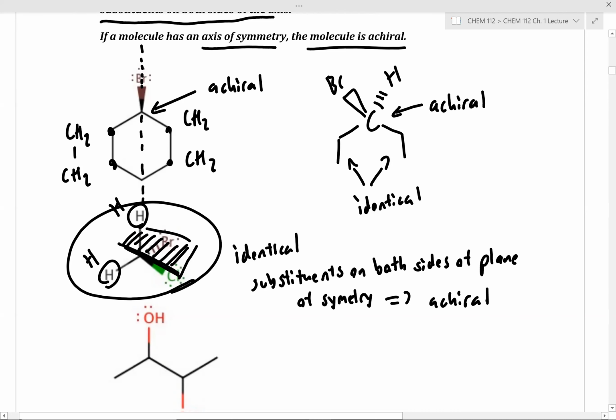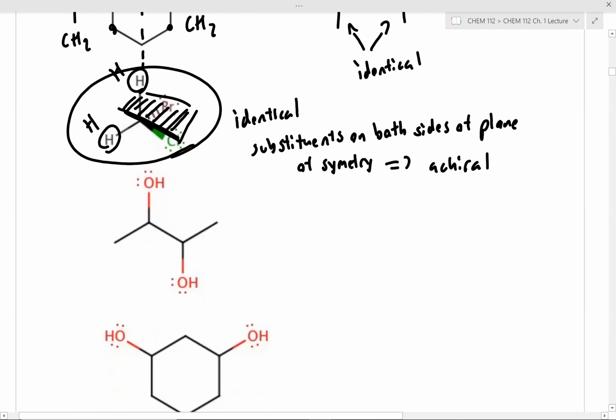Now you do have to get a little bit creative with how you pick your planes of symmetry. And in some cases, you may just have to split your molecule straight down the middle. For example, in this structure here, let's fill in some information. So if we look at our substituents, and just one side note, you are going to have to make sure that both of your substituents have the identical stereochemistry as well.